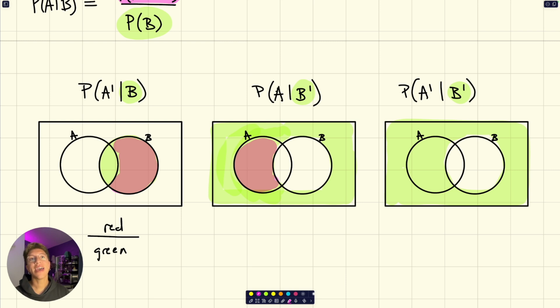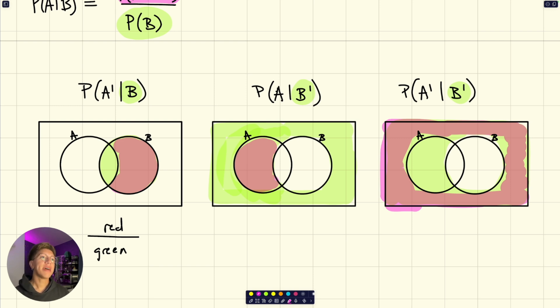Well, A not is everything outside of A, which does include this, but again, we're only looking at the green sample space, so we're looking at everything out here in our diagram, like that. Let's redo that. So let's reset that to there. That looks a little bit better, yeah.